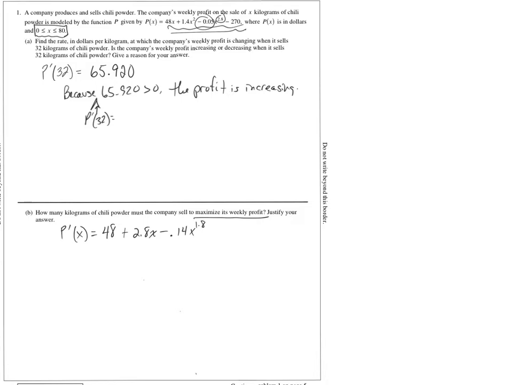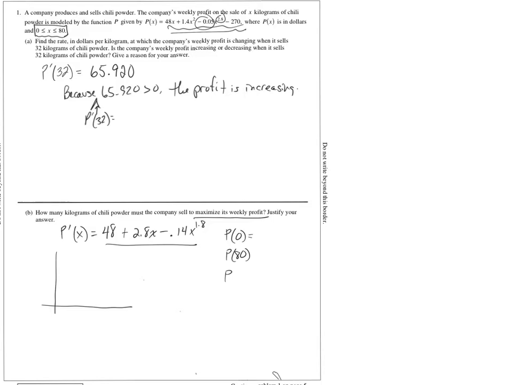So there's your derivative function. In order to find absolute max or absolute min, we want to check the value of the function at the two endpoints. So we need P of 0, P of 80, and P at whatever value or values the derivative is equal to 0 and changes sign, all the critical numbers.